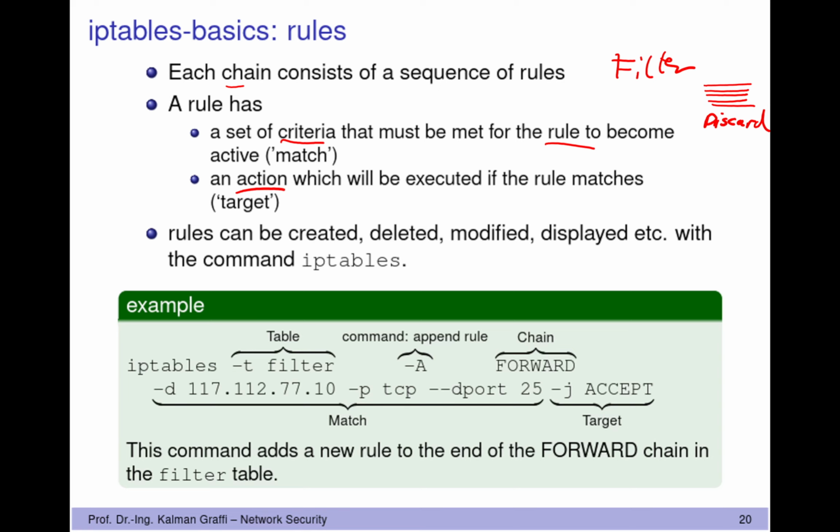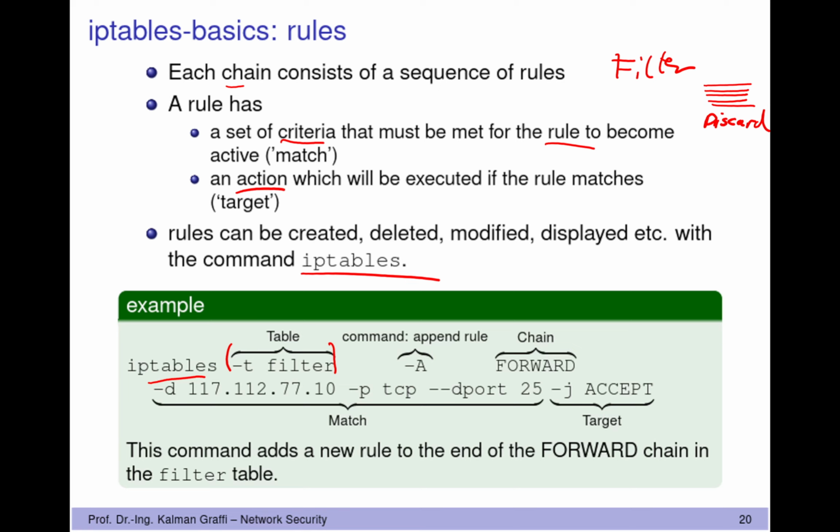So rules can be created and deleted with the IP tables command. You can basically modify this kind of table and the rules that are listed there. So for example, here you have the IP tables command. It should modify the filter table. The command is then to append a rule.